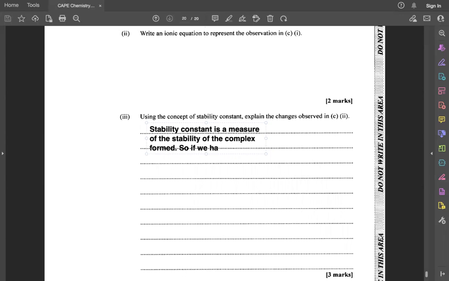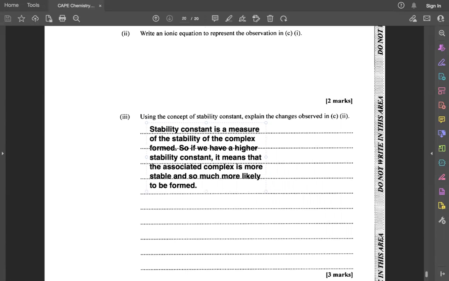So if we have a higher stability constant, it means that the associated complex is more stable and so much more likely to be formed, right?